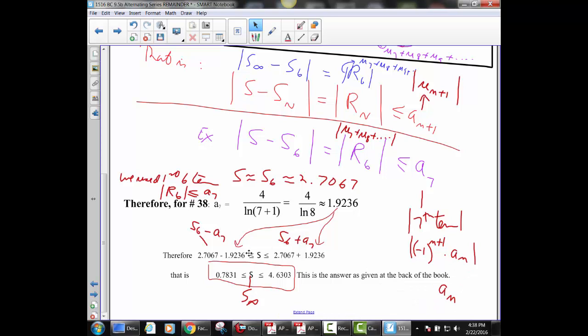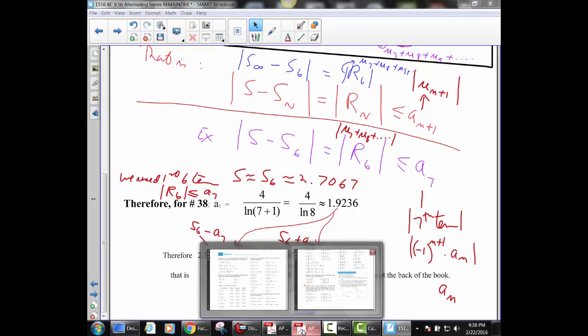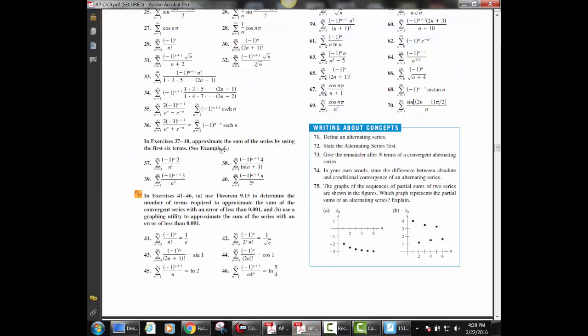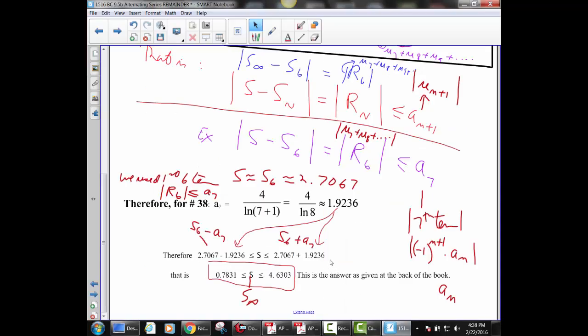Okay, so if we do look at the book, it doesn't really tell you that's how they want the answer. All it says is approximate the sum of the series by using the first 6 terms. And here's the question we were looking at right here. So this whole thing is our UN. If we ignore the -1 to the n part, the rest of it, the 4 over the ln of n plus 1, is actually AN.